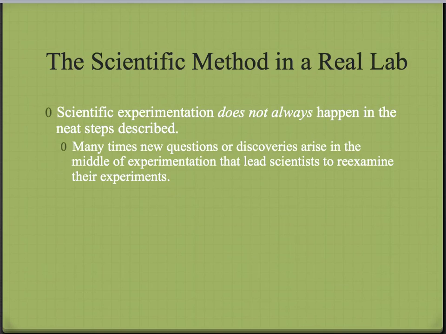A lot of times in the middle of an experiment, there might be something weird that happens suddenly, and the scientist will follow that path and come up with a new experiment based on that question that arises because of this odd thing that happened. And they might abandon the original experiment altogether. So I just want you to understand science is really messy, but that's part of what makes it fun.